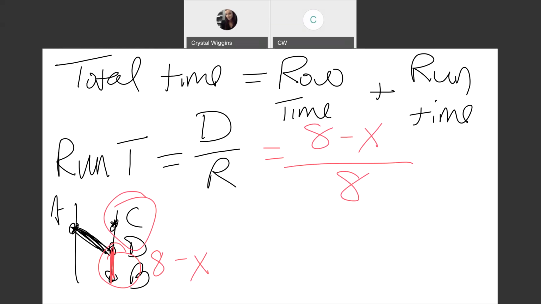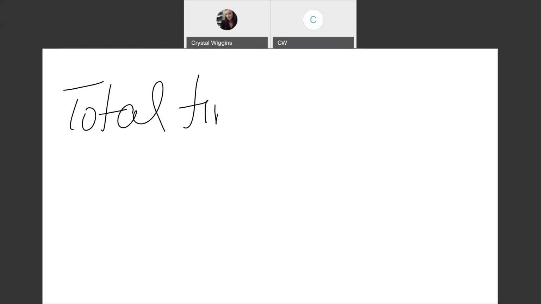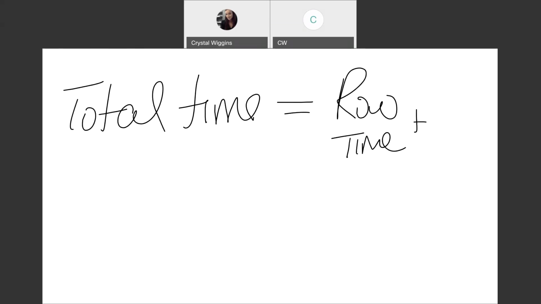Okay, so now that we have both of our equations, let's put it together. Our total time that we're trying to come up with an equation for, so we can minimize it, is a combination of our row time plus our run time.